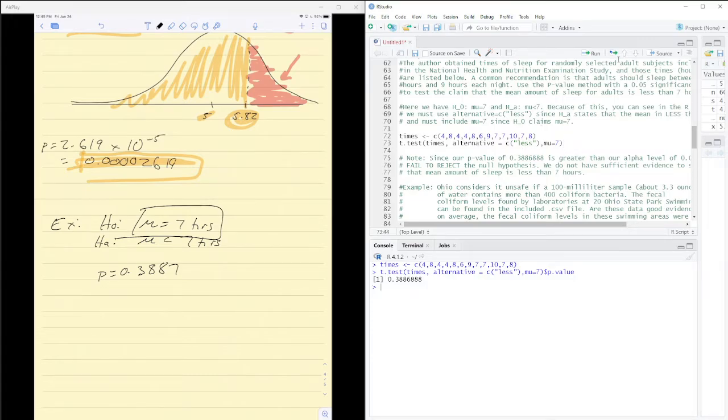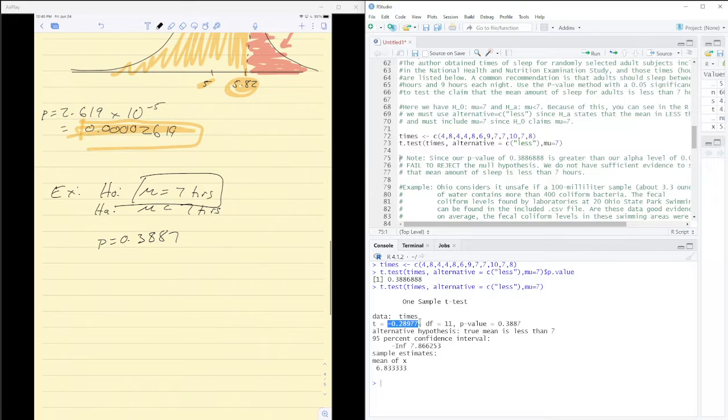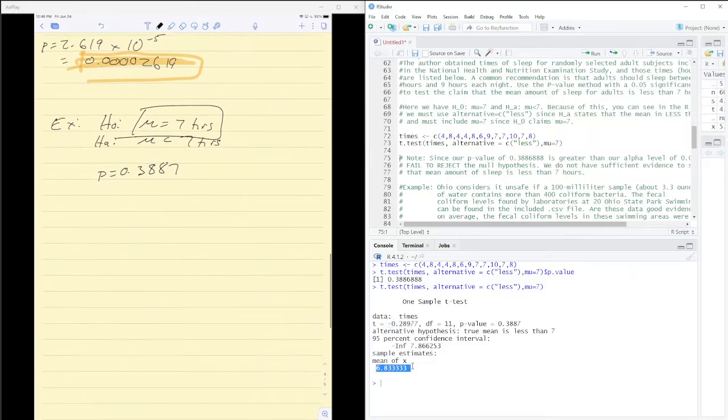If you wanted to remove the p-value, it tells you the t is negative 0.28977, and it tells you the sample mean. So if you were to draw this out, it would look like this, where the mean is 7, the sample mean is 6.83, and we're looking at less than.